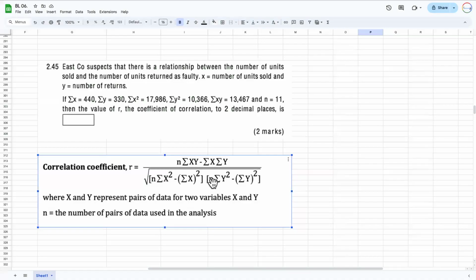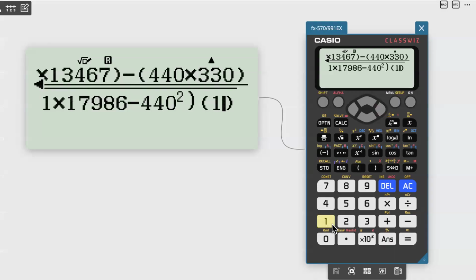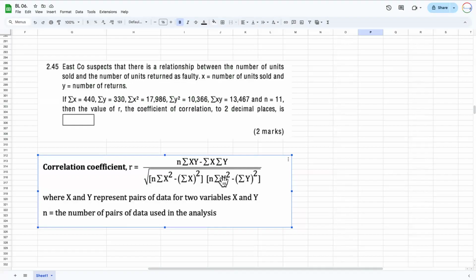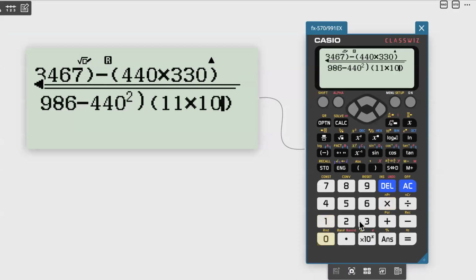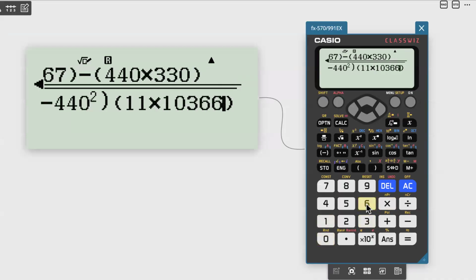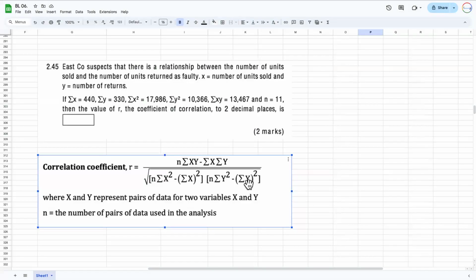Within that, n is always 11. Then sigma y squared, so sigma y squared is 10,366, and take away sigma y fully squared.